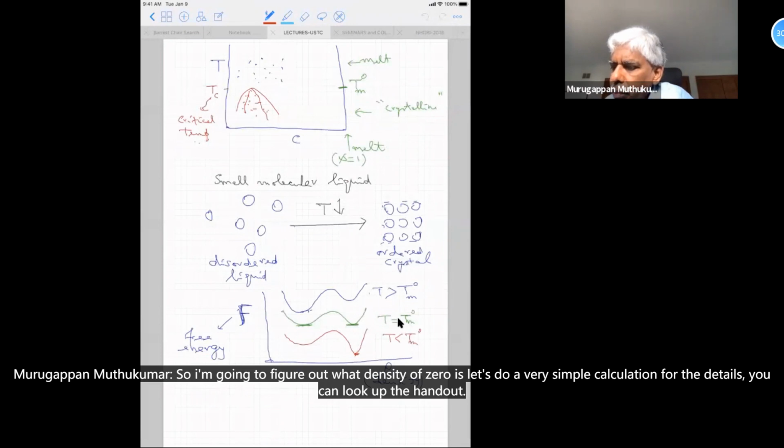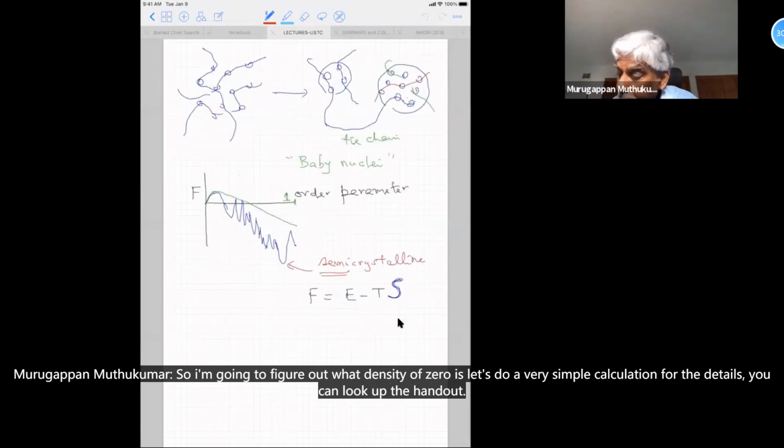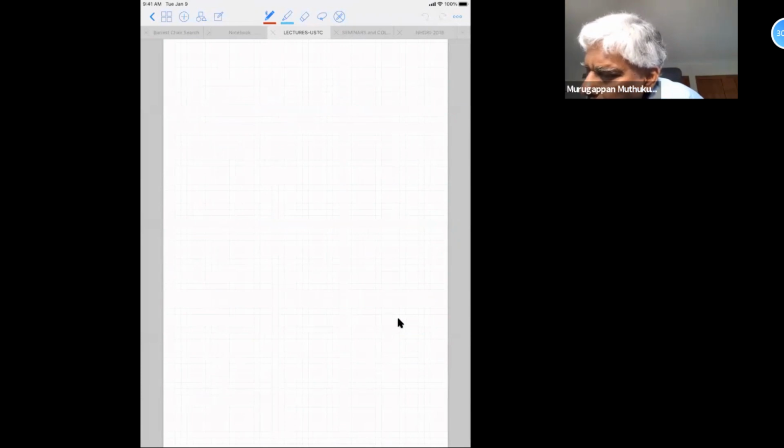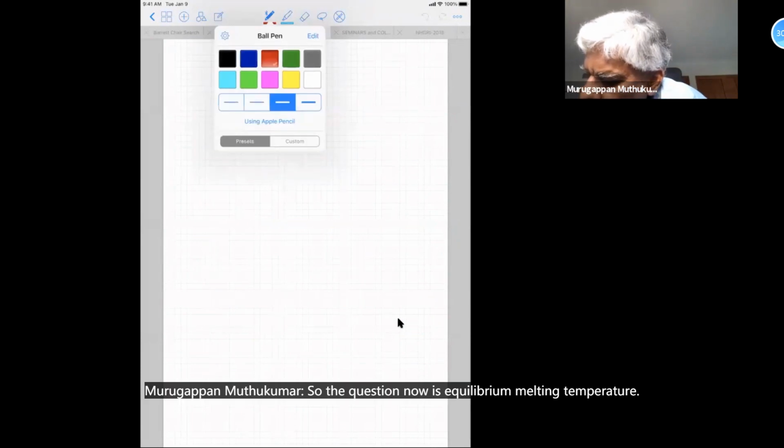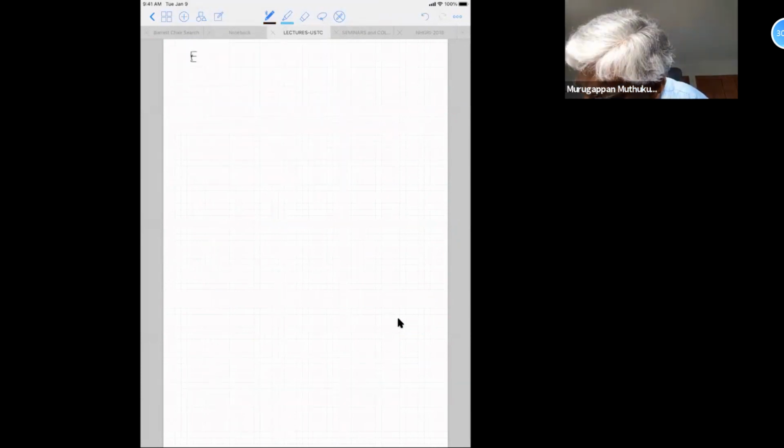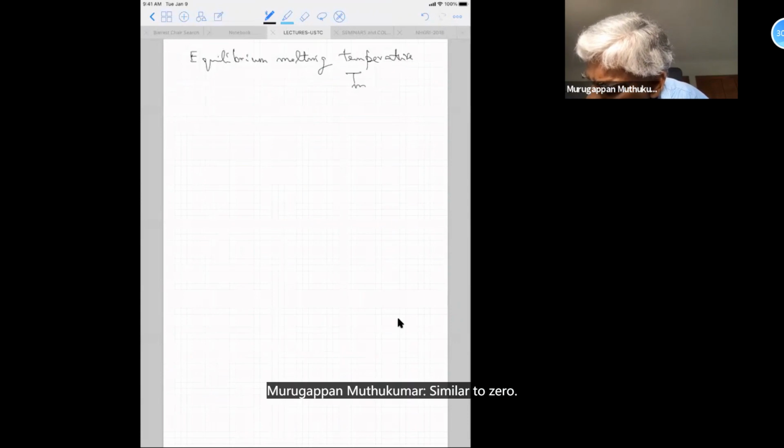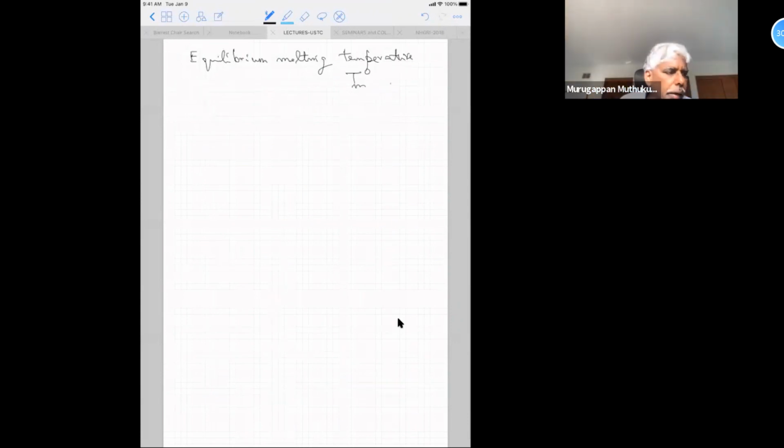Let's do a very simple calculation. For the details, you can look up the handout. So the question now is equilibrium melting temperature. I give the symbol TM0. Okay.